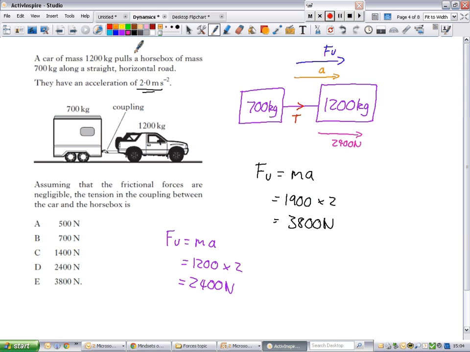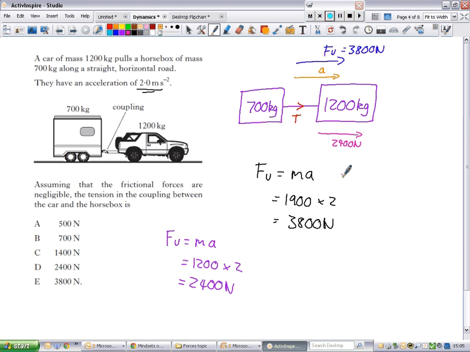This overall force up here is 3,800. The force acting on both the objects is 3,800. If we break it down into the forces acting on the two objects, then we've got 2,400 newtons acting there. So it's not difficult to see that in order to get 3,800 going in this direction, we've got to add the tension to this.